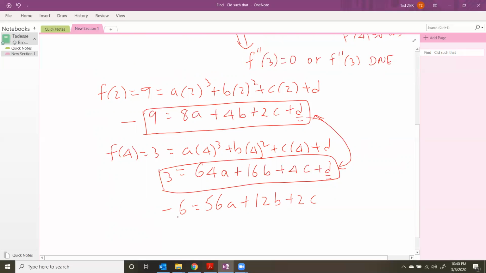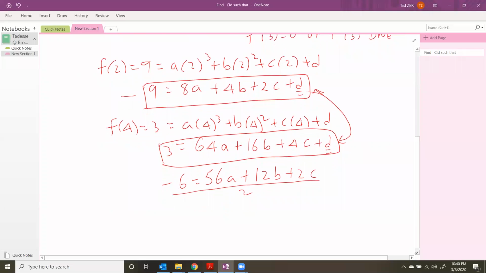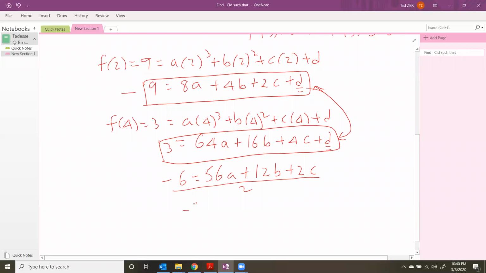Now you can divide everything by 2, which gives you negative 3 equals 28a plus 6b plus c. That is one equation now.